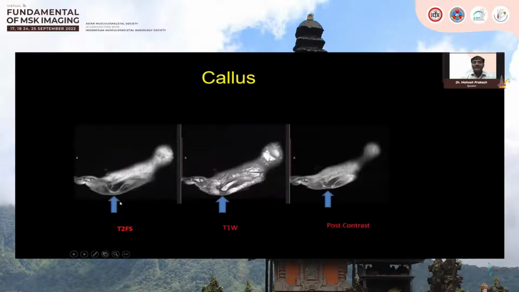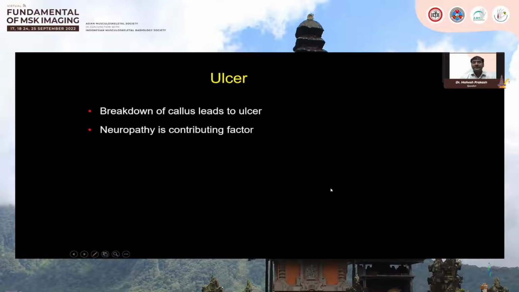See this case, this is a diabetic foot patient. This is T2 fat-saturated, T1, and this is post-contrast. You can see the typical location of the callus formation, which shows T1 hypointense and T2 isointense signal with minimal enhancement. Ulcers are because of the breakdown of these calluses. Neuropathy is the contributing factor for ulcer formation.